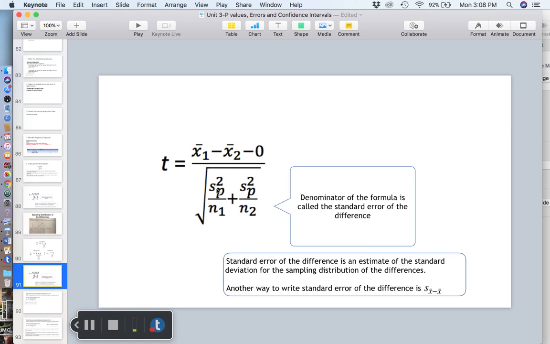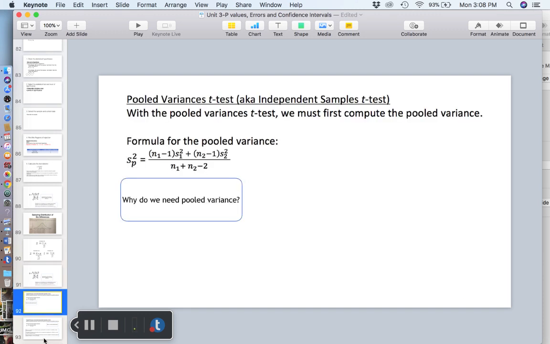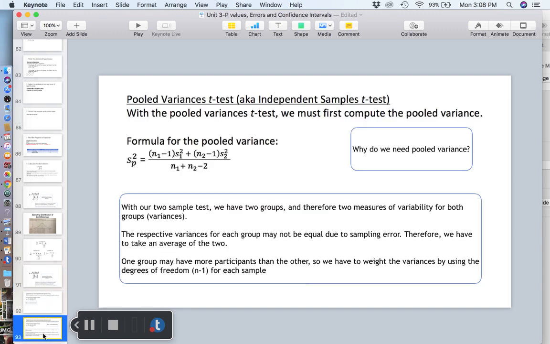So why do we need the pooled variance? If we go back to our formula for a second, why do we need this s squared p? Why can't we just take the standard deviation for both groups? Well, the reason is we have these two samples or two groups, and we have measures of variability for both groups. We have variances and standard deviations for both groups.